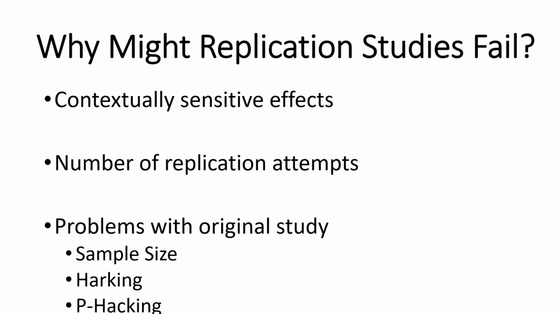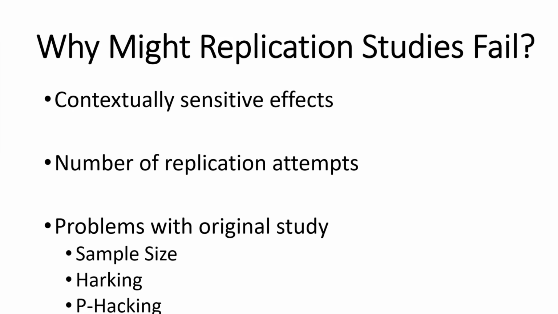The first of these problems is called Harking, and the HARK in it is actually an acronym for hypothesizing after the results are known. So sometimes researchers will create a hypothesis to explain the results that they got after the fact. They would sort of reevaluate what they were looking at and come up with a hypothesis that makes sense in the light of the results that they got.